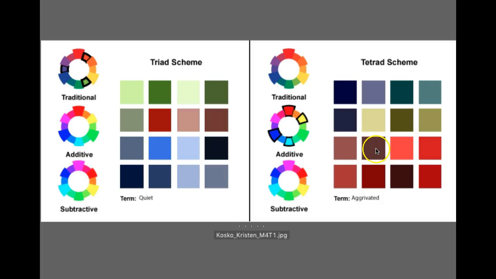yeah, I like this emphasis on the red. I definitely think that is going to give you that sort of aggravation. Yellow as well can be an aggravated color, so you might want to pop in a bit of a brighter yellow in there. That could add that sense of aggravation.